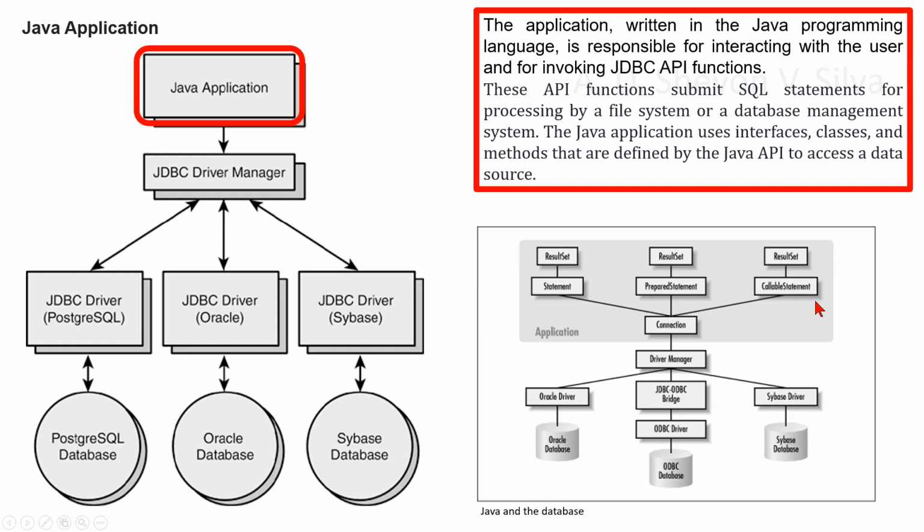If used, the result parameter must be registered as an OUT parameter. The other parameters can be used for input, output, or both. Parameters are referred to sequentially by number, with the first parameter being 1.